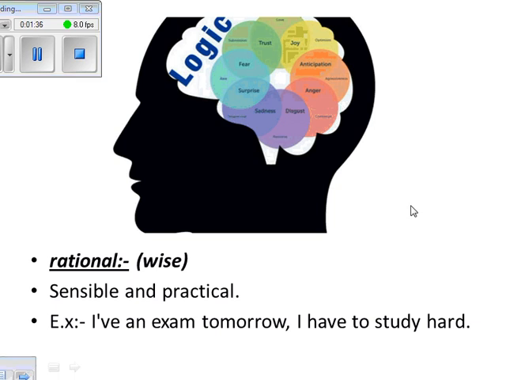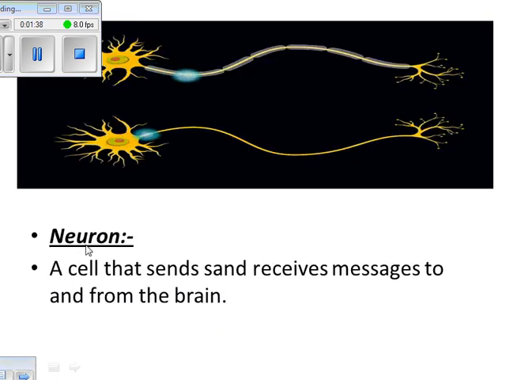Okay. Next, neuron. What is the meaning of neuron? A neuron is a cell that sends and receives messages to and from the brain.